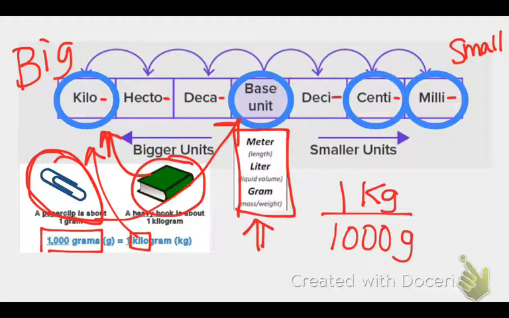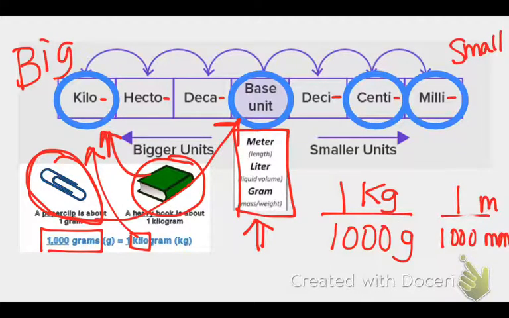So when we're writing our equivalent fractions, let's make another one. I'll go ahead and use meters, for example. If I have millimeters and I'm changing that to meters, let's say, well, there's 1,000 millimeters in 1 meter.